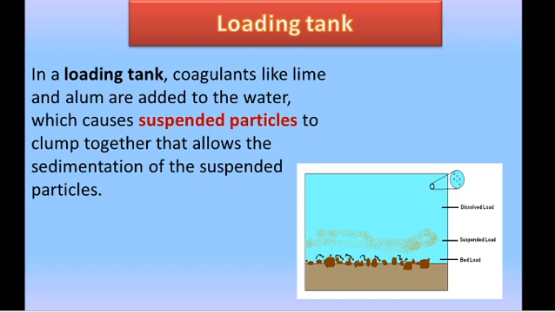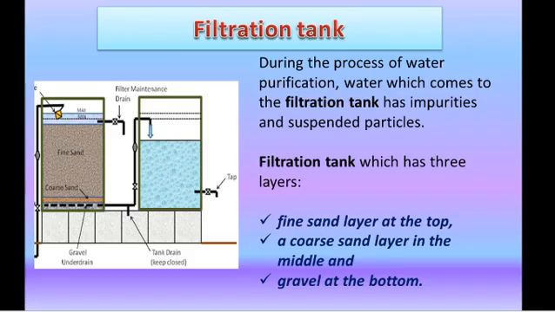It is also a sedimentation process with the help of alum. So in the loading tank, the remaining suspended particles get deposited at the bottom of the tank. The remaining water is then allowed to the filtration tank.